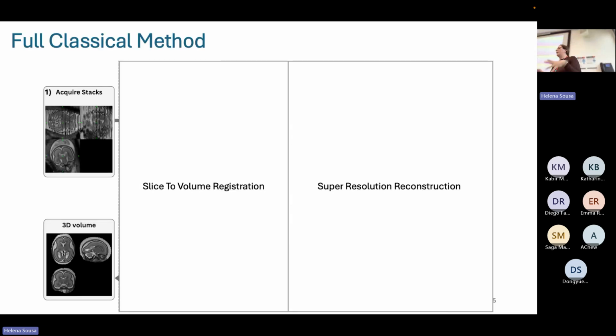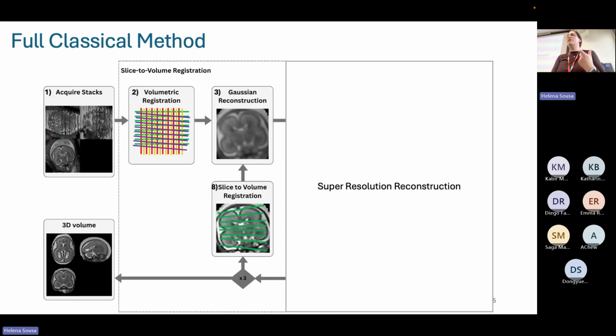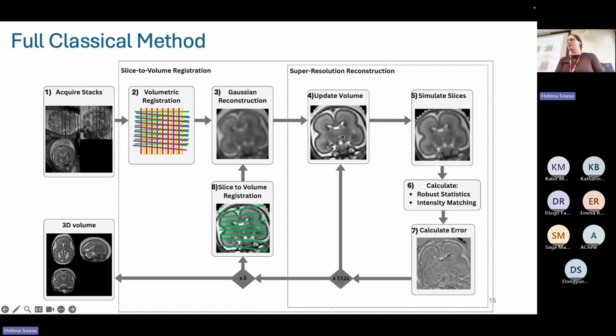So I'm just going to put all of those concepts together and see the full classical method in one slide. So we start with our acquired slices, acquired stacks, and we begin with our slice to volume registration process. So we have our volumetric registration. We get an initial estimate of how all the stacks fit together. We then create our Gaussian reconstruction, and then we pass that into our super resolution process. So we have our updated volume.